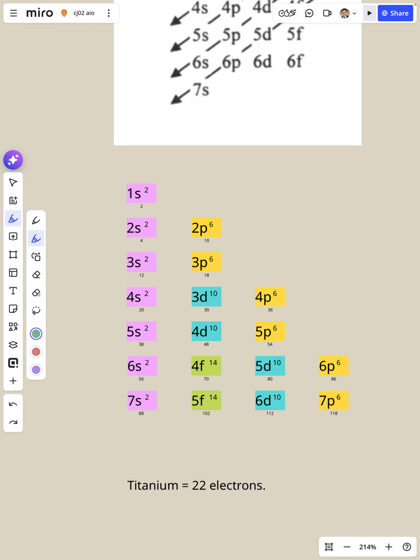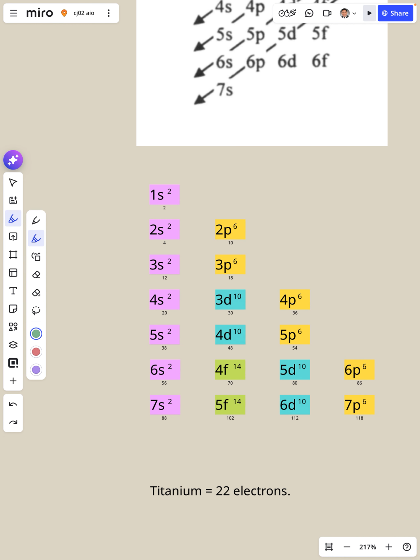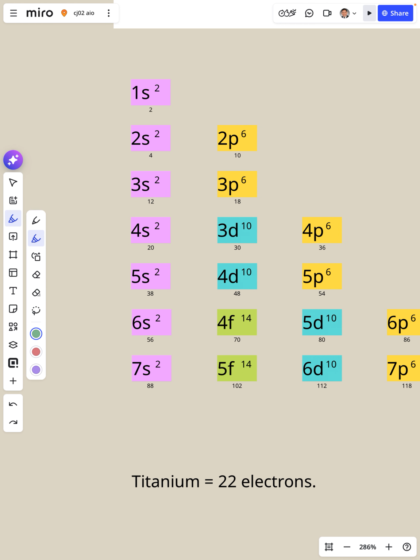In this example, we are going to use titanium. If you look at the periodic table, titanium has 22 electrons. Now, it's going to be very, very simple. We check the number 22.